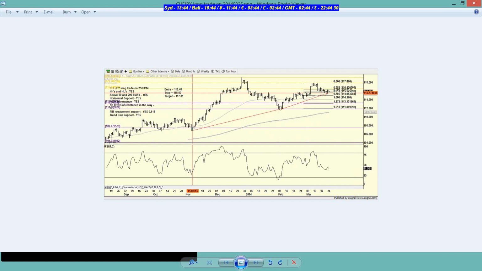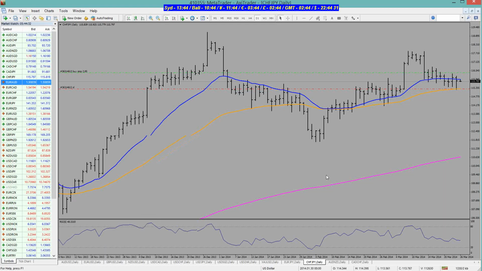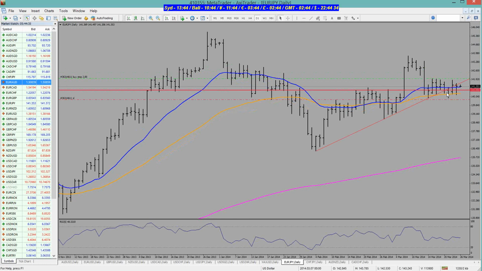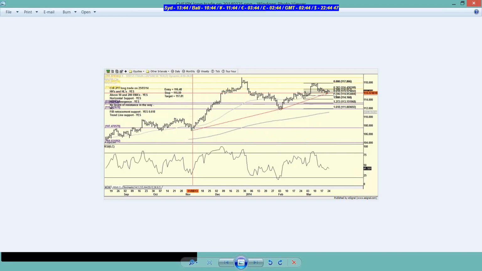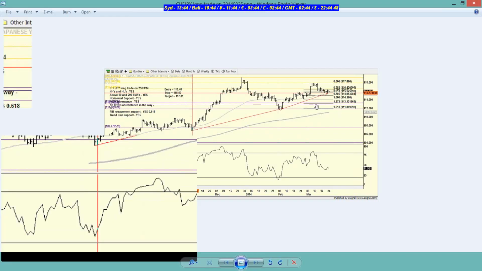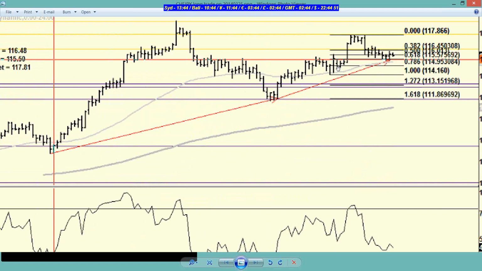Like the Euro Yen, we've had two touches, 1, 2, and we should be trading on the third. The Swiss Yen, you're just linking these two lows. That's just the two touches, and you'd be trading on the third. And your fib, yep, that's fine. Fib's in the right place, so that's good.